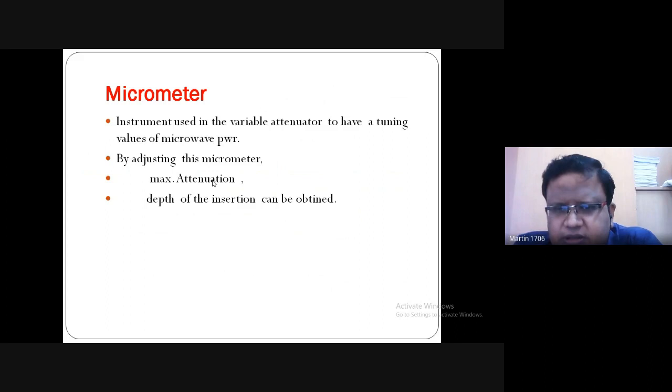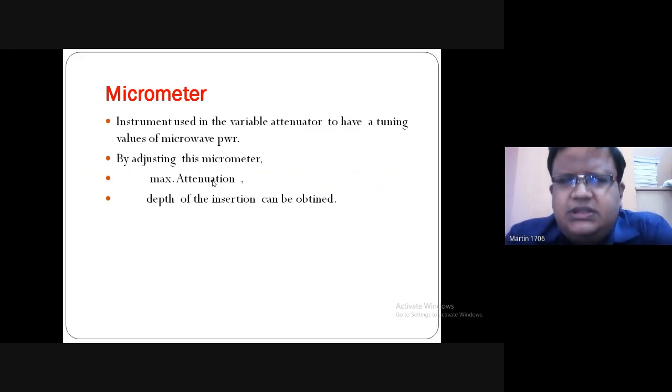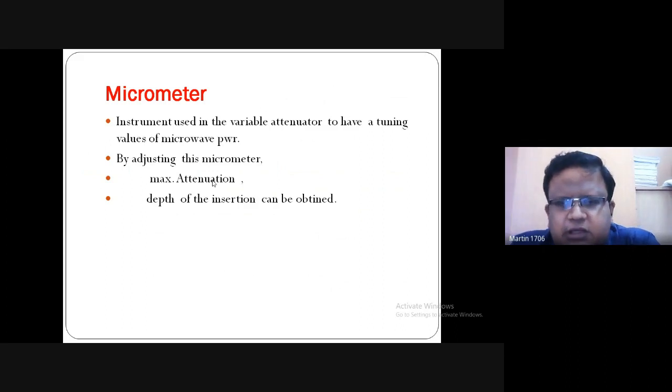The micrometer is used in the variable attenuator to tune the microwave power. In a microwave setup, this device is incorporated with many devices, not only with the variable attenuator, but also with a VSWR meter or a slotted line section.